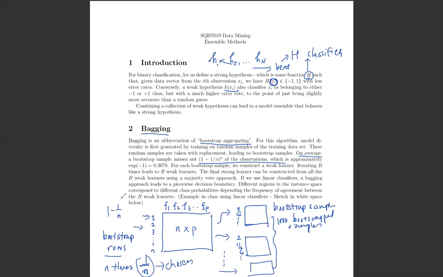So then there is a 1 minus 1 over n chance of being missed.